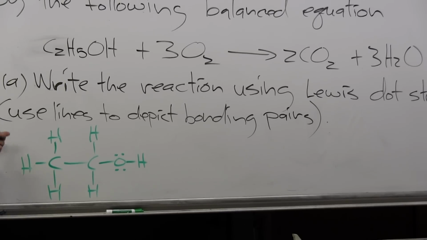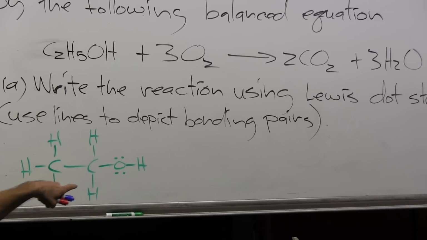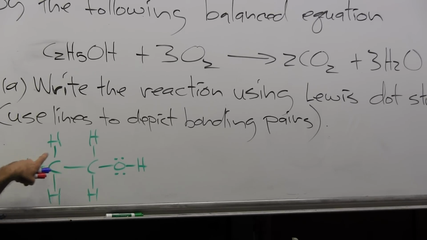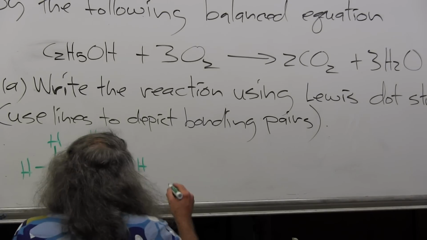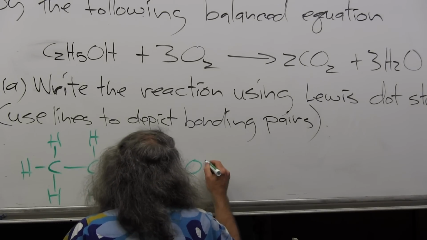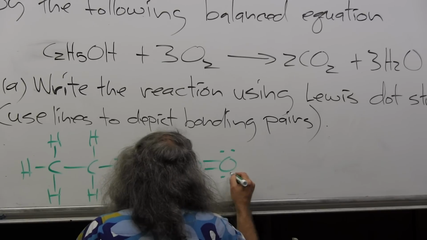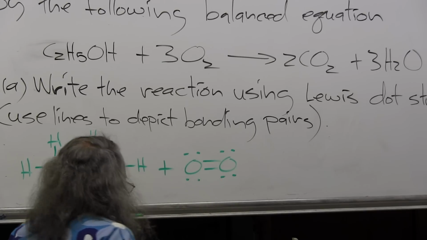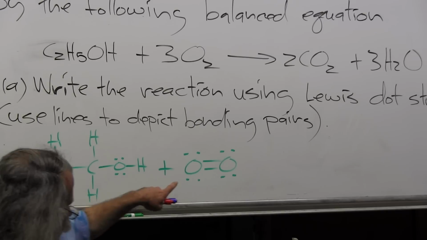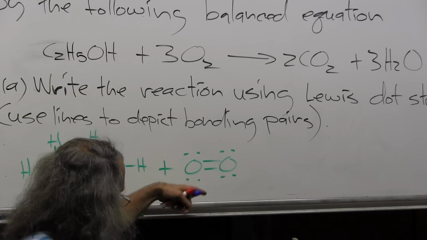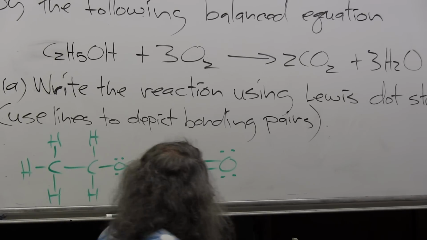So this is ethanol, C2H5OH, plus oxygen, O2, where I have an oxygen double bonded to an oxygen, lone pairs included.